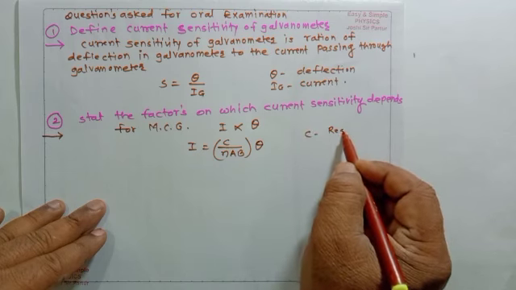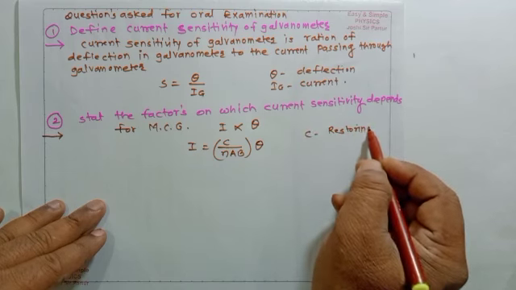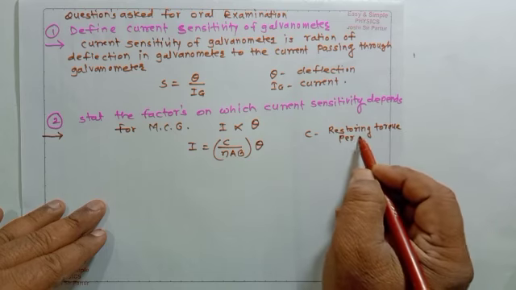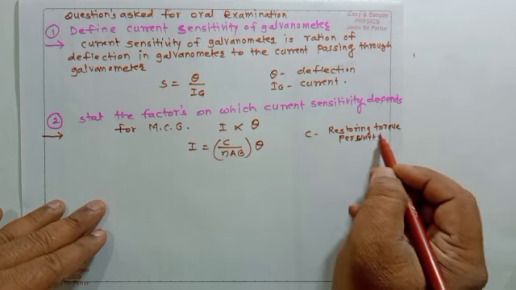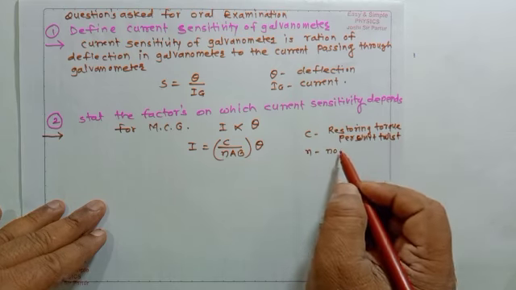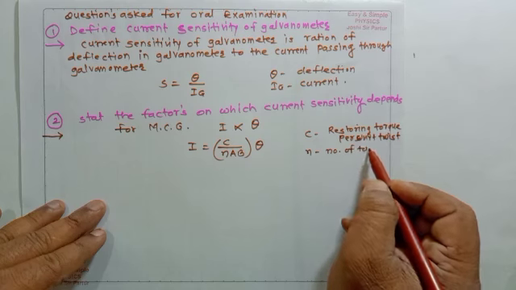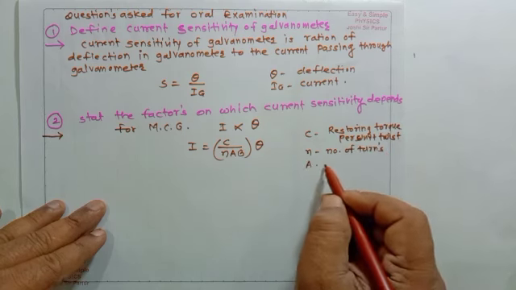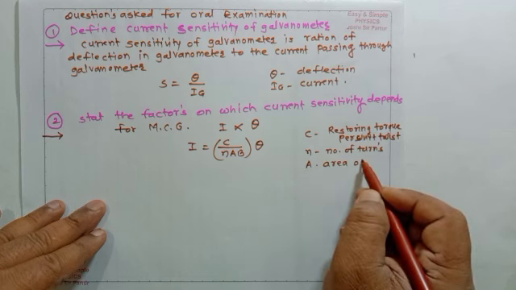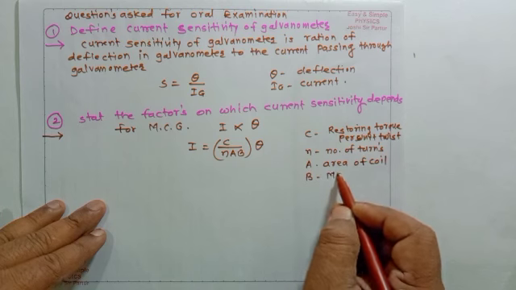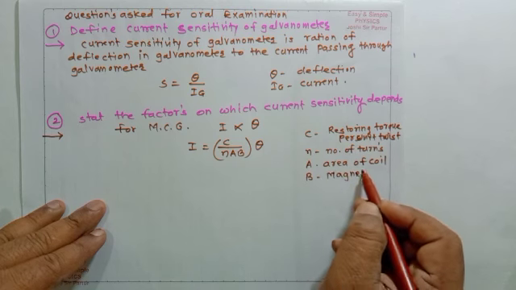in the bracket term, C is restoring torque per unit twist, N is number of turns, A means area of coil, and B is magnetic field induction.